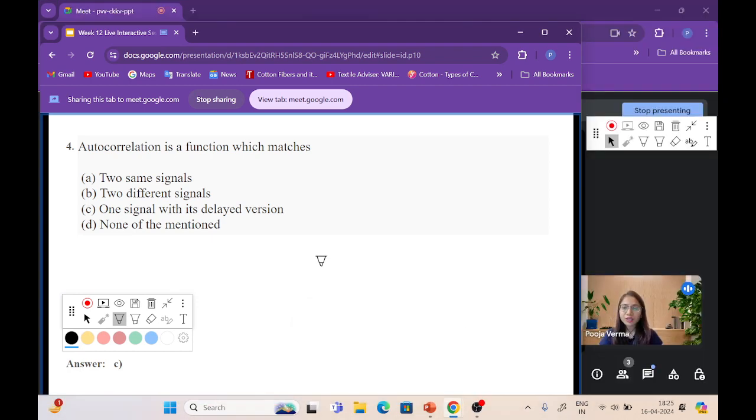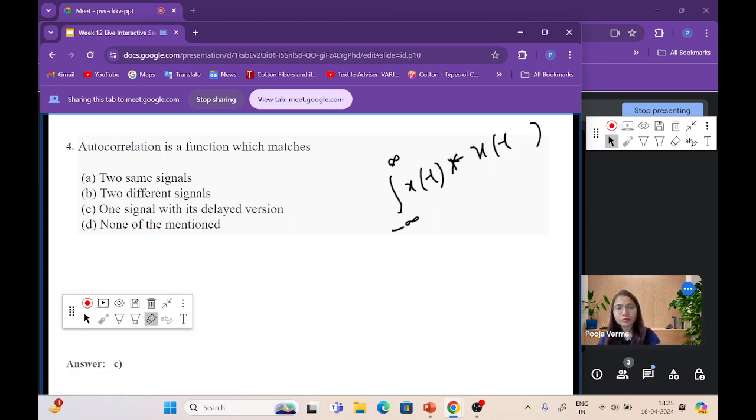So autocorrelation is an integration of a signal and a shifted version of that signal, already told, x of t multiplied with x of t minus tau, that is represented by Rx of tau.